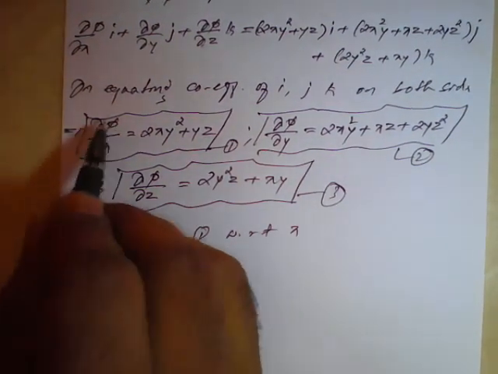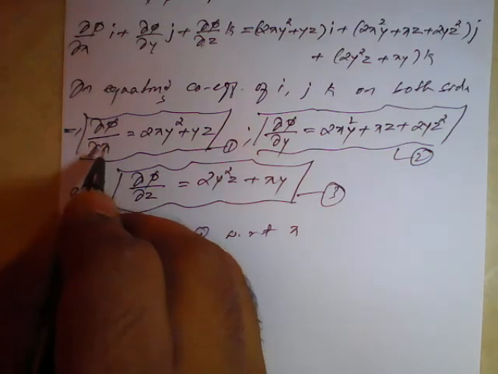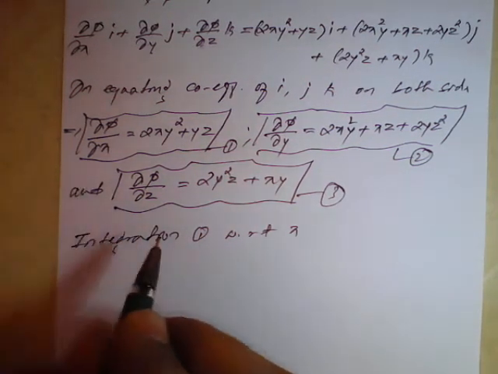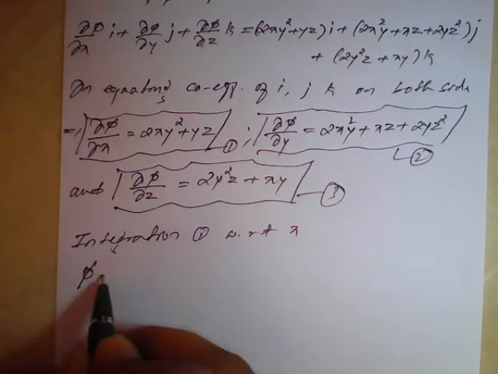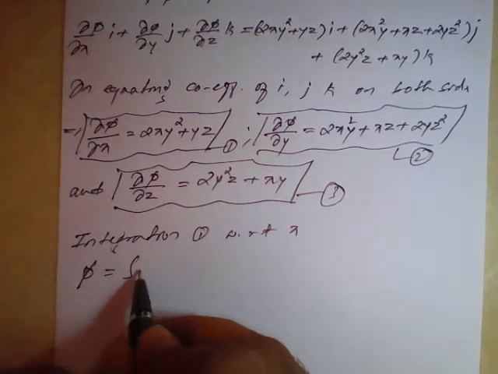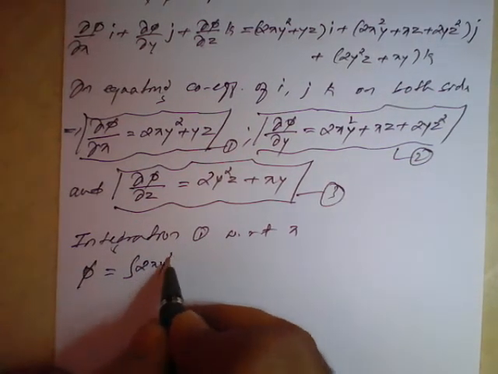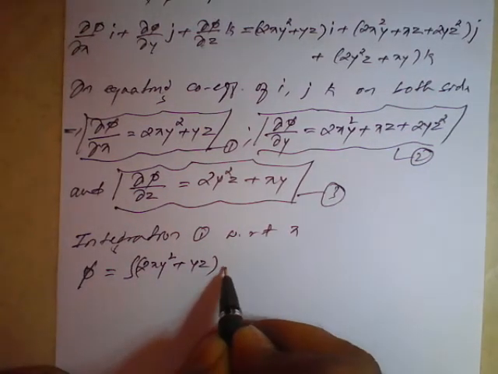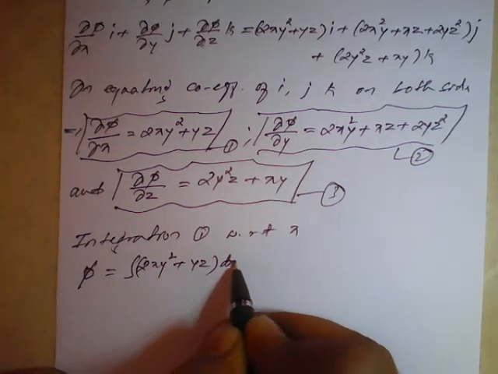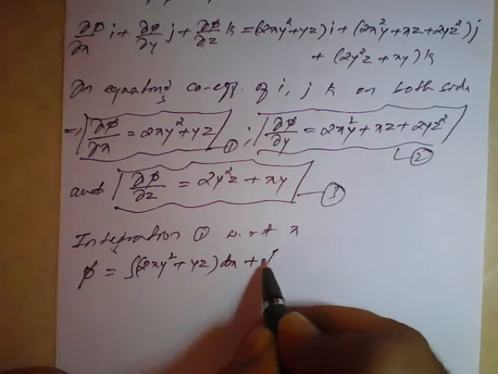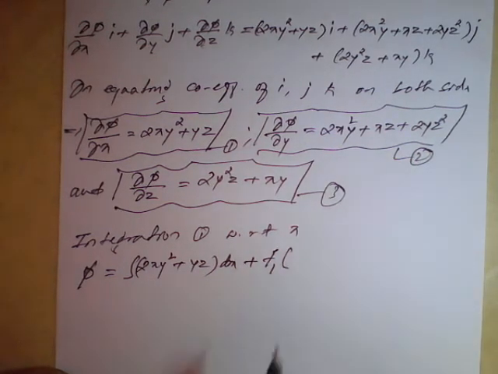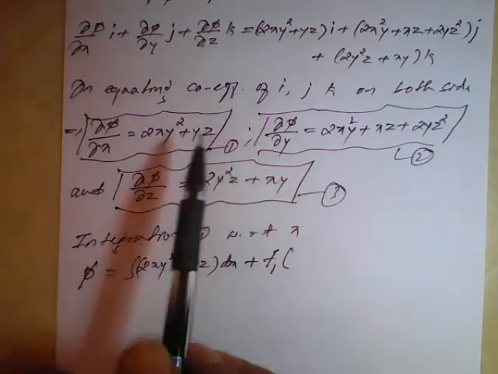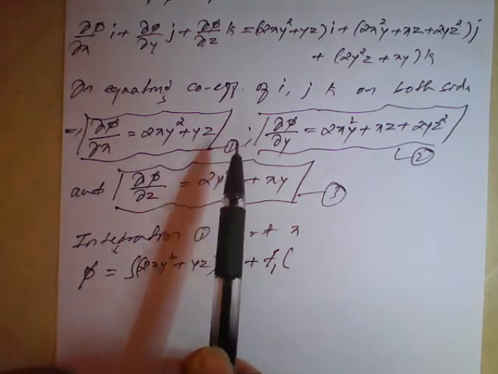With respect to x we are integrating the first part. On integration the ∂/∂x is removed, and phi is equal to the integration of (2xy² + yz) with respect to x, plus f1, the integrating factor. We know our function vector F has variables x, y, z.